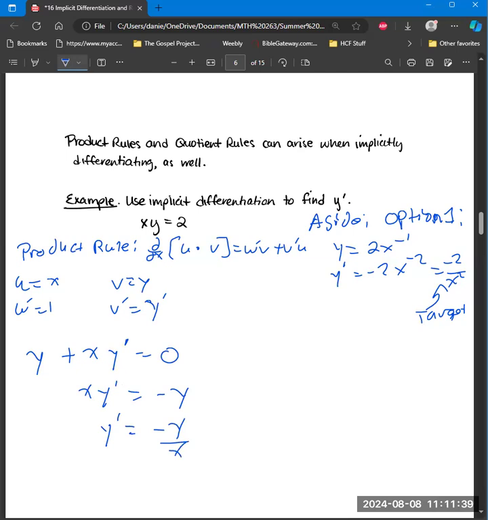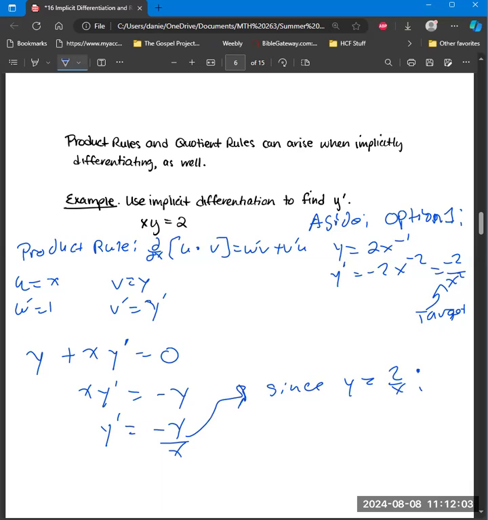Now, how are we going to show that this is the same thing as that? Well, we know that y can be written as 2 divided by x. So let's keep going. We should be able to get an explicit definition here, and we should do that when we can.